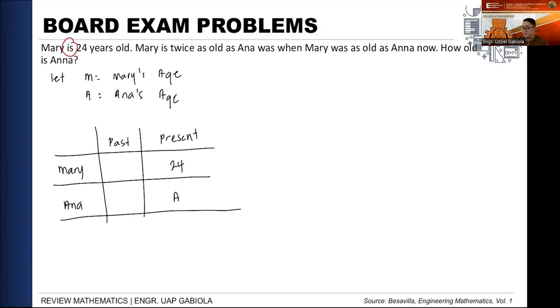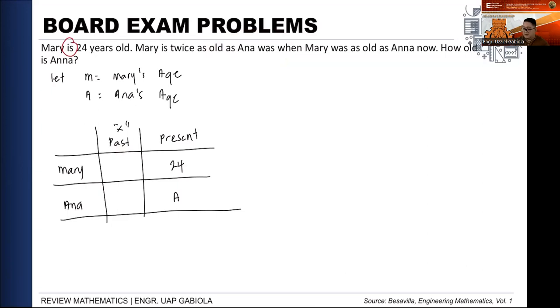Mary is twice as old as Anna was. As Anna was, no? Hindi sinabi kung ilang taon, no? Yung past natin. Hindi sinabi kung ilang taon. So, paano i-represent yung age mo nung past X years? No? Halimbawa, 20 years old ka ngayon. Nung past X years, ilan ka? 20 minus X ang edad mo.